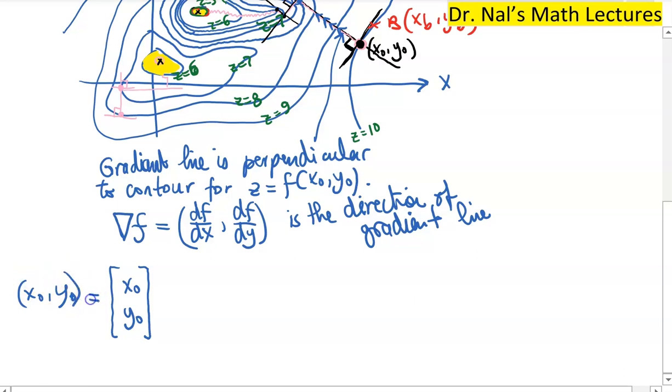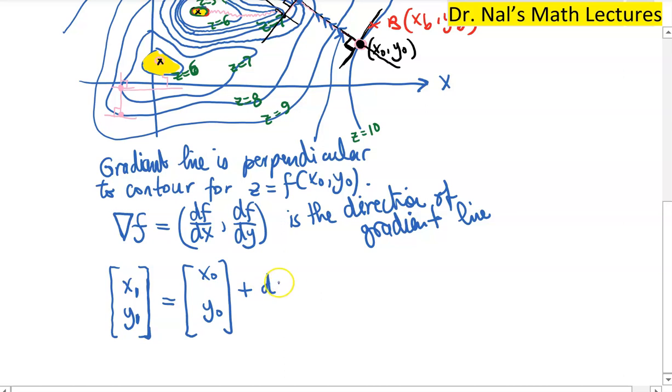And the next point, x1, y1, is the point that we want to reach. It will be such that you start with x0 and y0, and then go a certain distance, say d. We need to choose a distance d to walk along that direction.